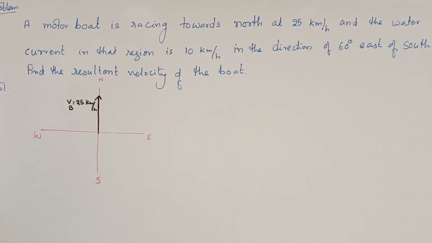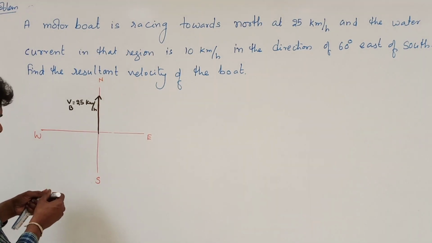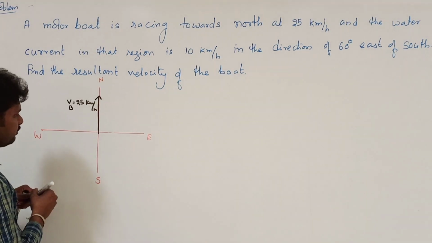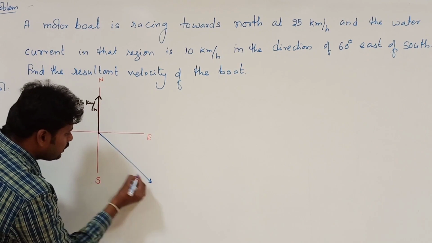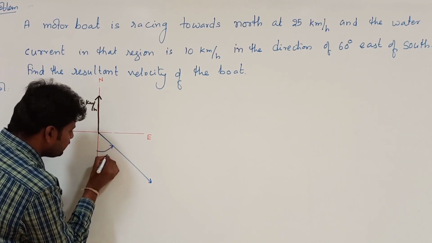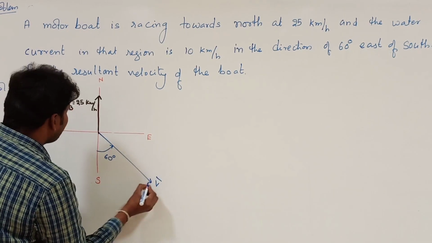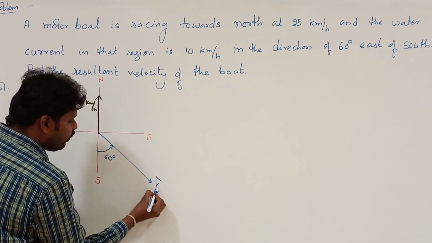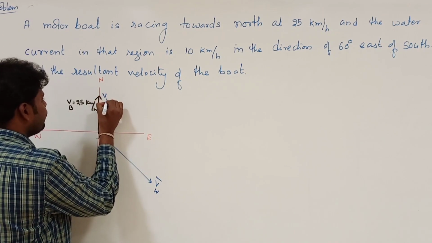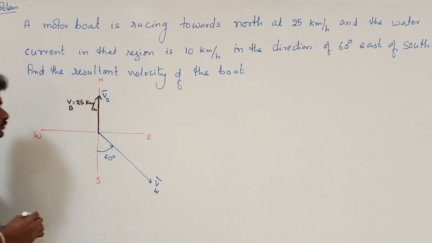And the water is in motion, like a current, at 10 kmph in the direction east of south, meaning from south 60 degrees towards the east direction. This is the vector called VW, water. This is the vector VB, right?